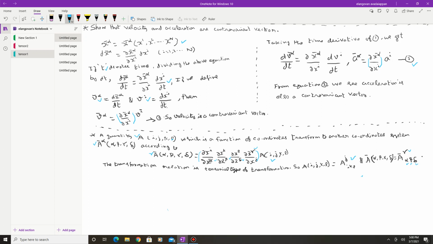The transformation relation suggests that A must be of this form, and A bar must also be of the form mentioned here. So the transformation relation is important. From the transformation relation only we can reach a conclusion about whether the components are contravariant, covariant, or a mixed tensor.